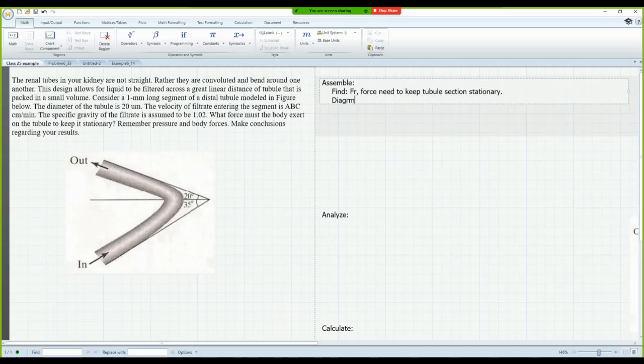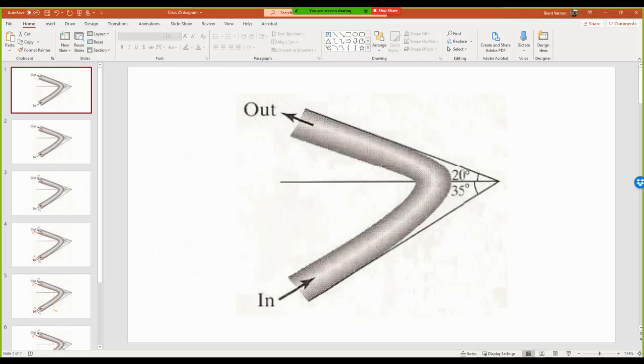So let's make a diagram real quick. If we walk through this, making this diagram, I'm going to pull up a PowerPoint here. So this is that section of the tubule, and that'll be our system.